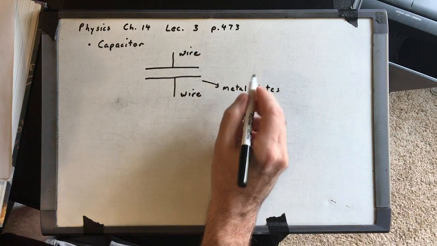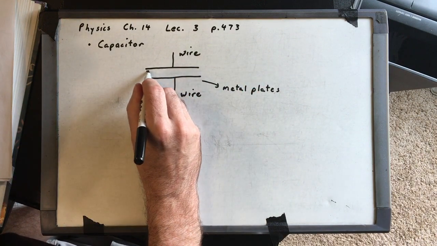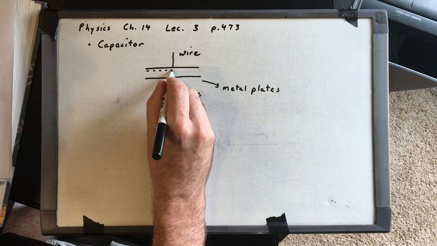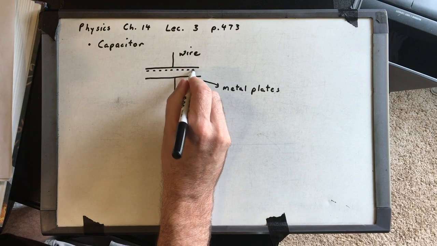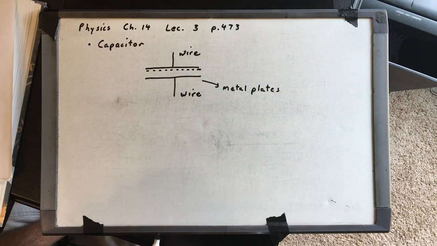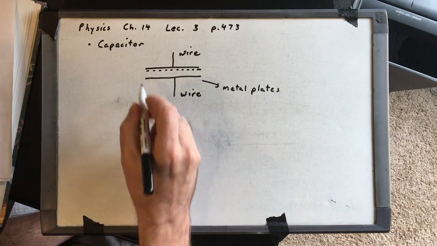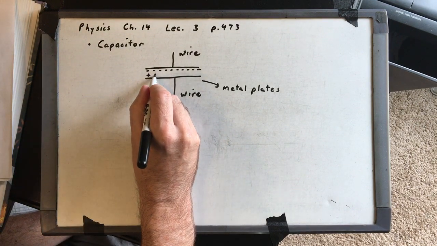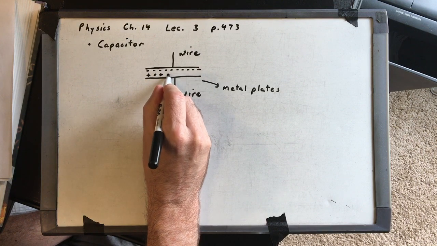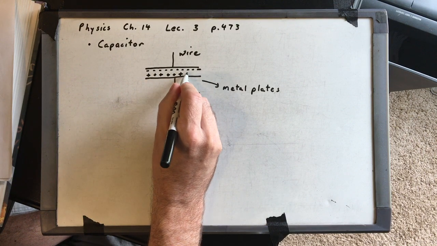And let's say the charge coming in is a negative charge. So on the other plate, a positive charge will develop because positive is attracted to negative.